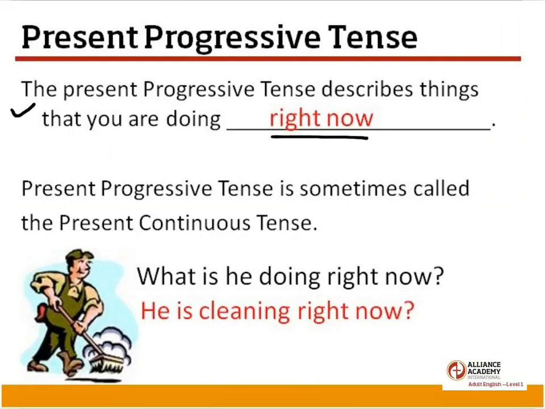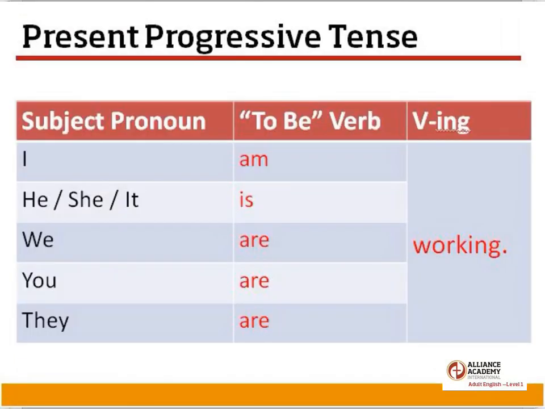Now, you may hear that present progressive tense is sometimes called present continuous tense, but those two tenses are one and the same. They are the same. So let's just look at a very quick example. What is he doing right now? Well, he is cleaning right now. That's how we use the present progressive tense.